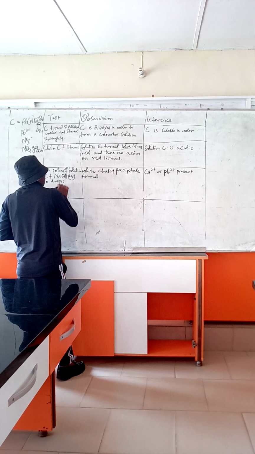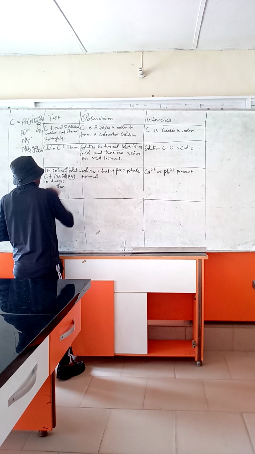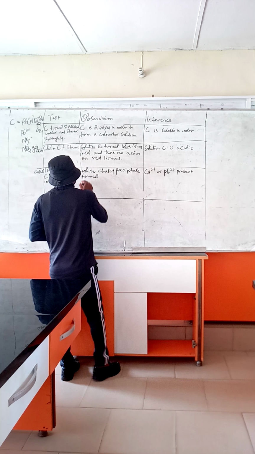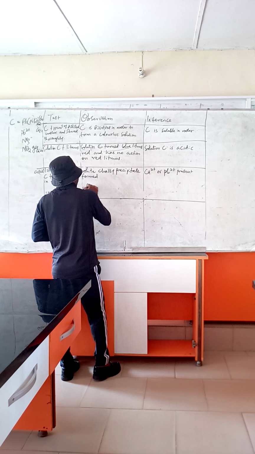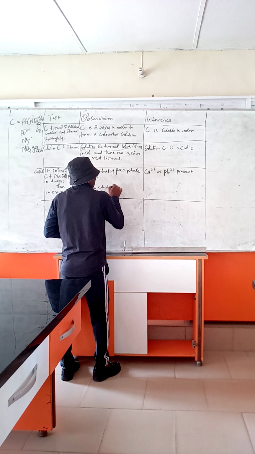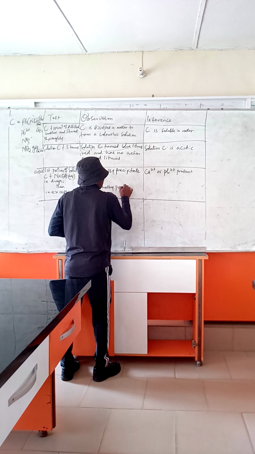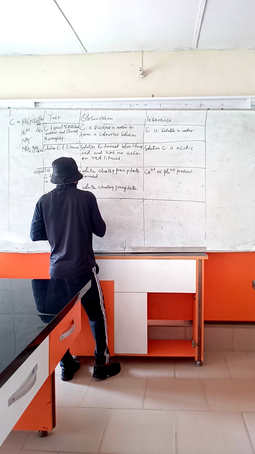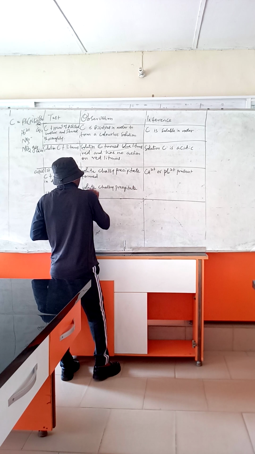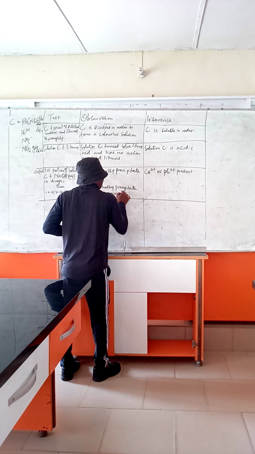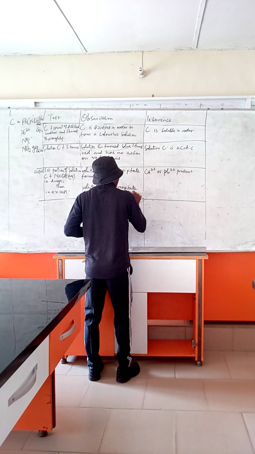Then in excess of sodium hydroxide, you could also see that the white chalky precipitate which was formed above is soluble in excess sodium hydroxide.